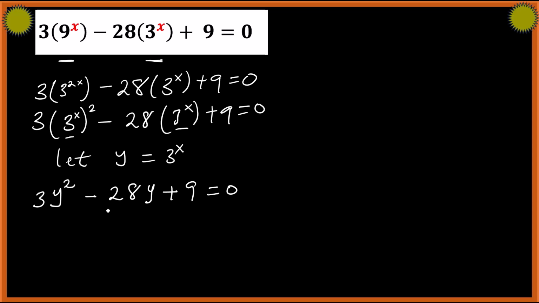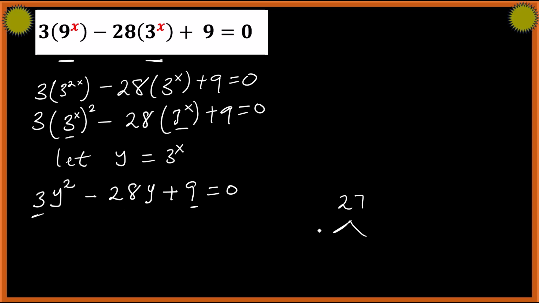Okay, so this one is a quadratic equation. So let's see if we can use the method of factorization here. So I'll just multiply this one by the constant. So that will be 27. So let's find two numbers that when we multiply them give us 27, but when we add give us negative 28.